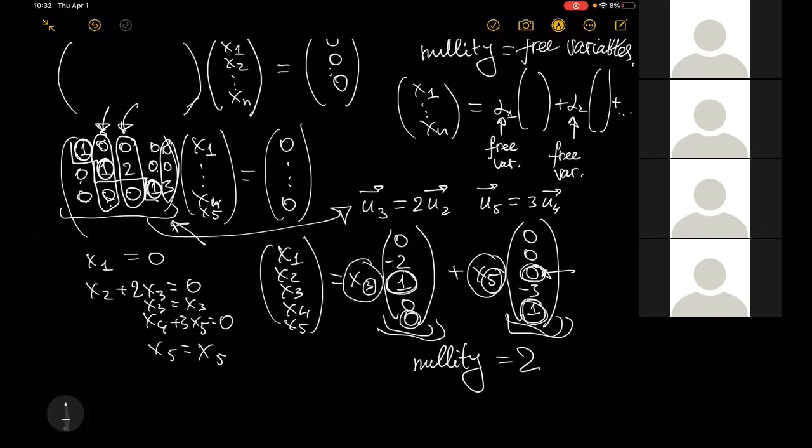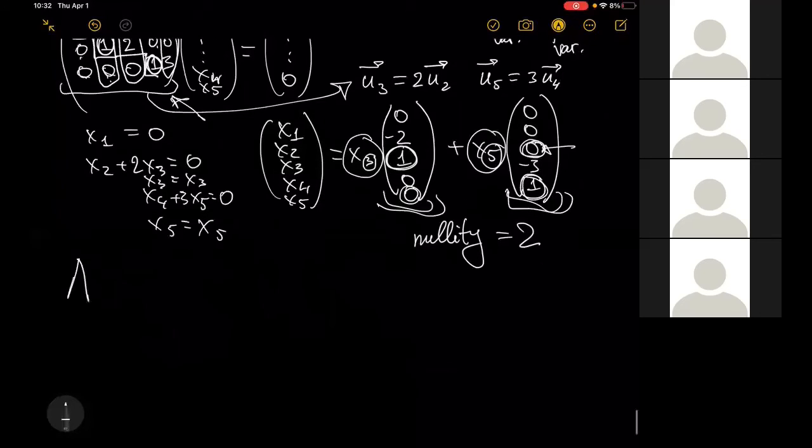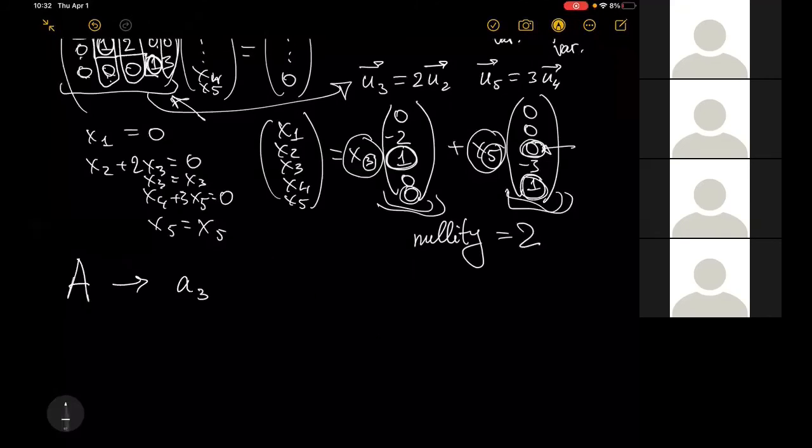Because I know that elementary row operations do not change relations between columns, then for the original matrix A, I will have exactly the same. I know that A3, the third column, will be 2 A2, and A5 will be nothing else but 3 A4, right?